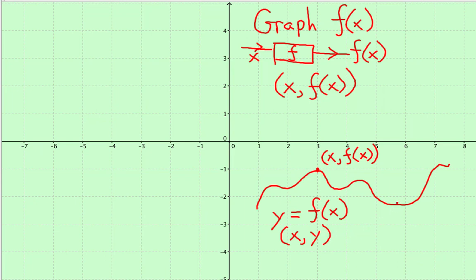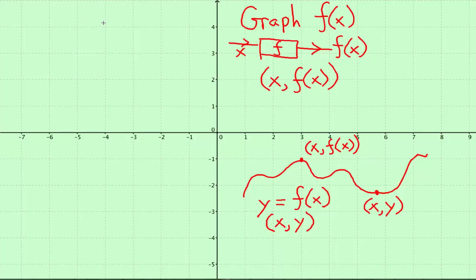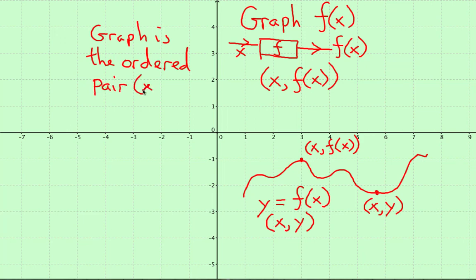So any point over here on this curve has coordinates x and y. In other words, the graph of a function is the ordered pair (x, y). Ordered because x has to come first, y has to come later. And what is y? y is simply the value of f at the point x.